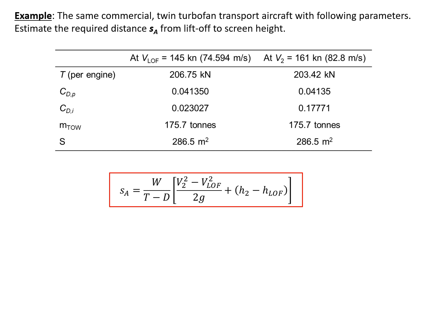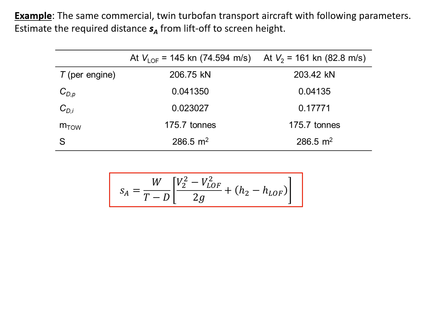Okay, so we need to use this SA relation to estimate the airborne distance. And having a brief look at this relation SA, we know the W, which is M times G. We know the thrust, but there are two thrusts. One thrust is at liftoff, the other thrust is at the screen height, and the same for the drag, which also changes.